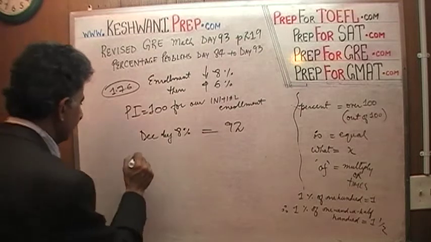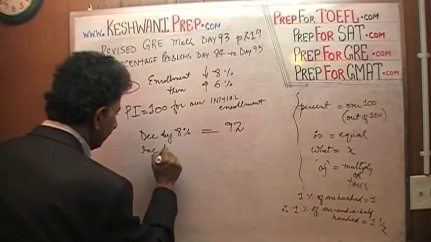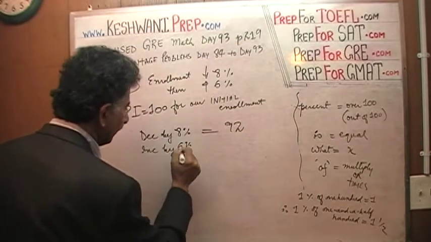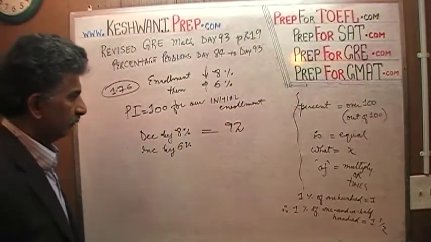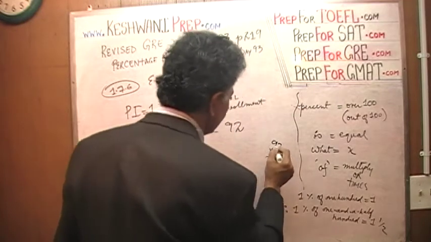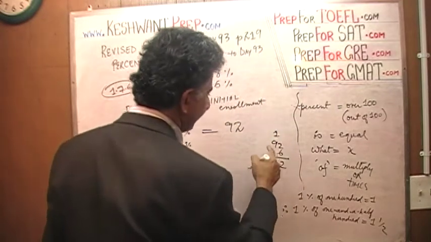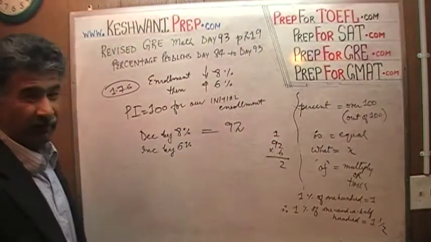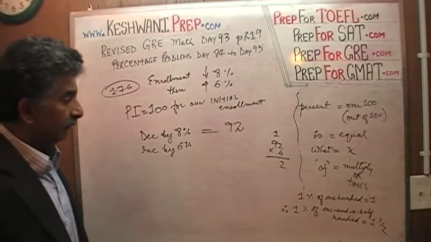And then we are told that it increased by 6%. So we have to figure out 6% of that. Let's do it here. 6 times 92: 6 times 2 is 12, carry 1, 6 times 9 is 54, plus 1 is 55.